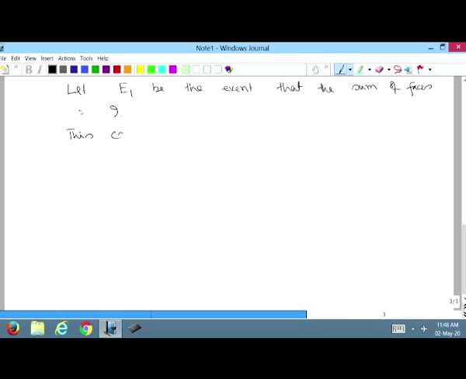This can happen with the following cases: (3, 6), (4, 5), (5, 4) and (6, 3).